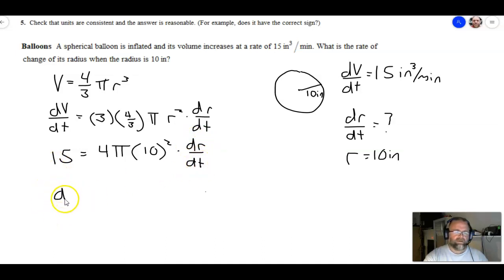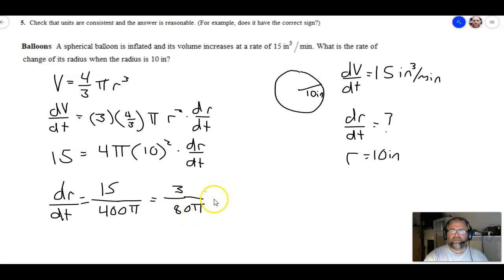So dr over dt is equal to 15 divided by 4 pi times 100, which is 400 pi. Both the top and the bottom are divisible by 5, so that gives us 3 over 80 pi. And remember, this is inches per minute. That should be our final answer right there.